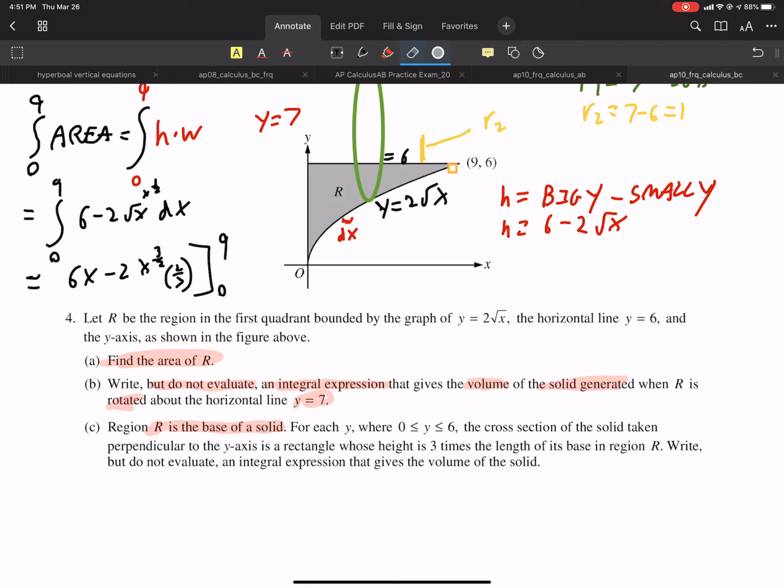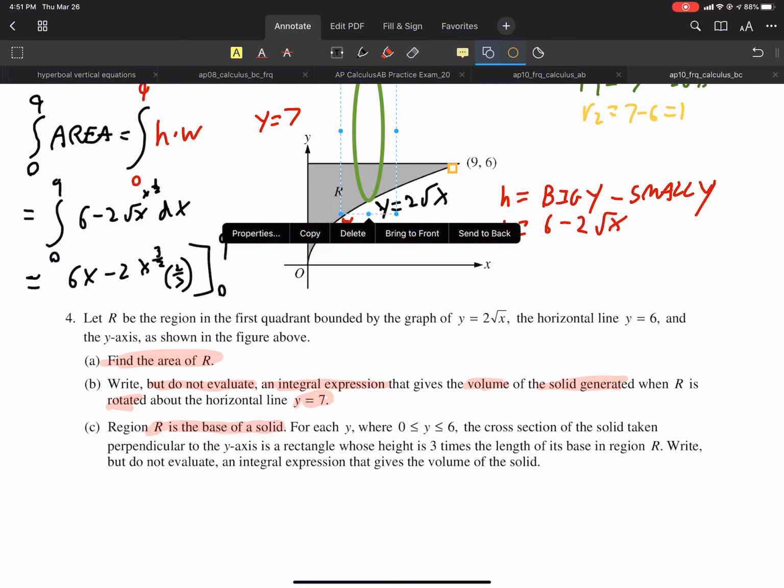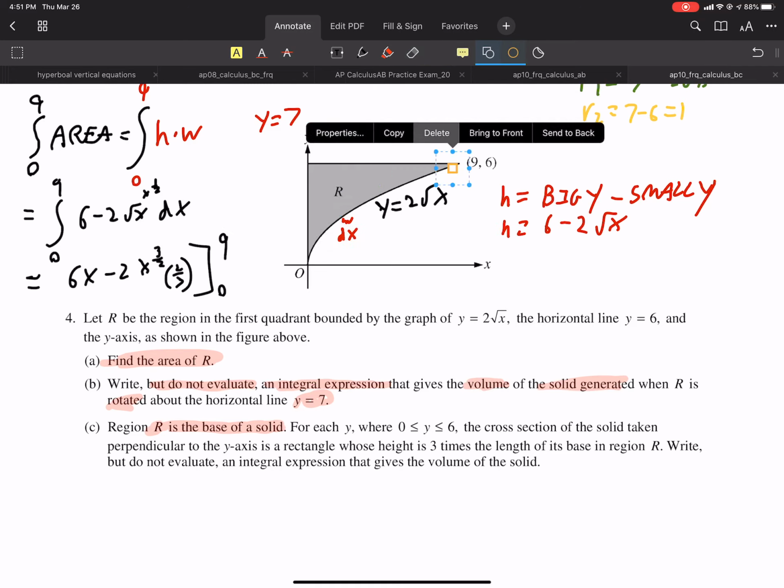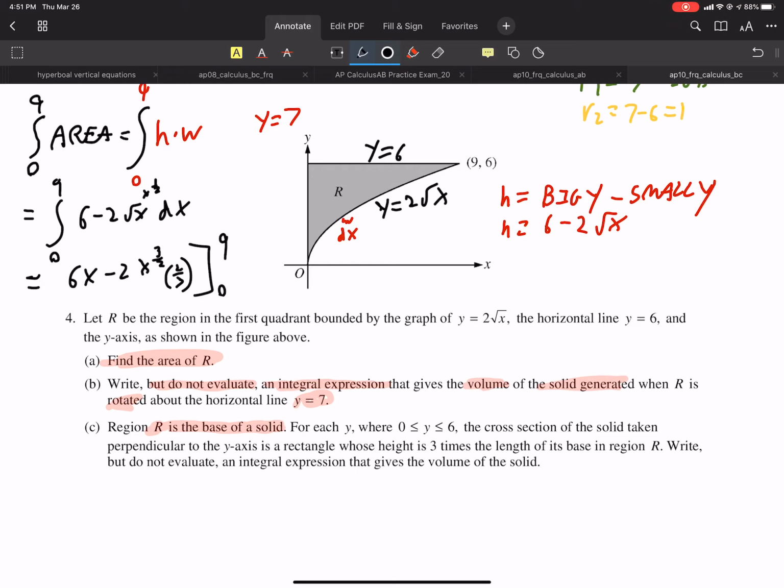And let's get rid of all this stuff. All right, and this was y equals 6.